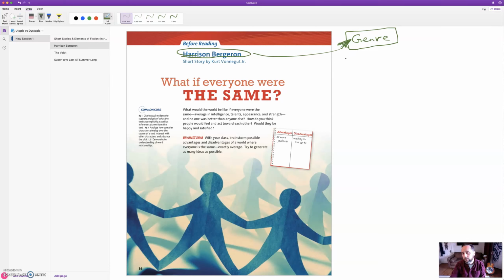And then you've got a subset genre, which is dystopian fiction. So this is a subgenre of sci-fi, the larger genre. But then we're also going to add another genre here, actually, which is satire.